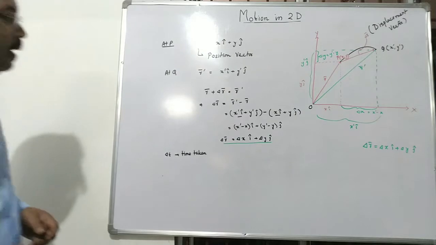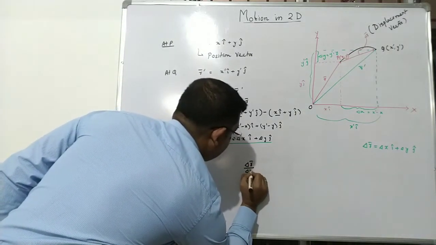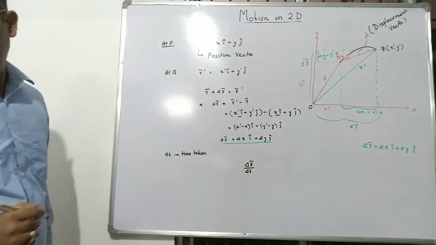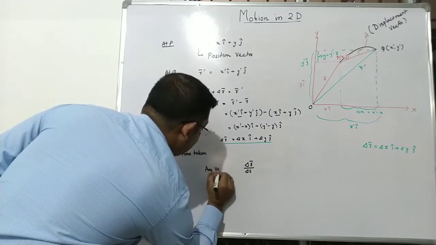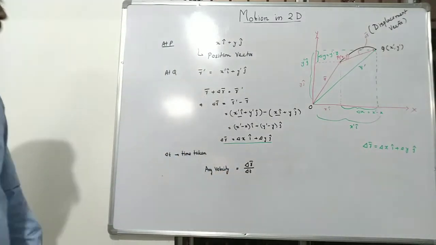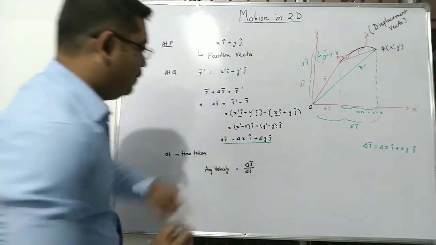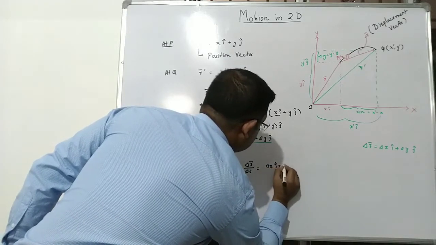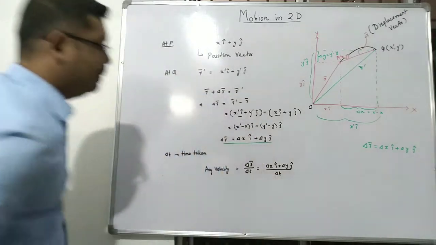then the term displacement delta R divided by delta t, by definition, will give us the average velocity. Or in terms of components, we can substitute these values of delta x, delta t. So we have delta x i cap plus delta y j cap by delta t.